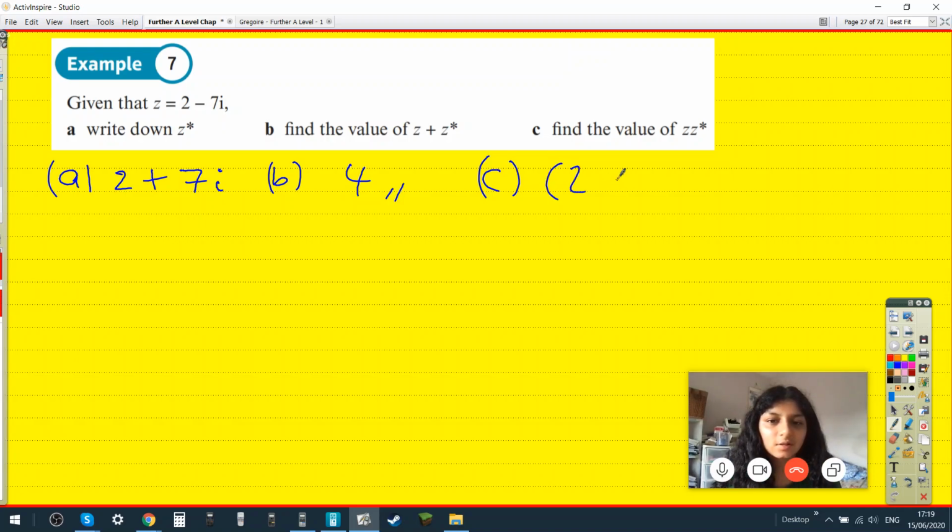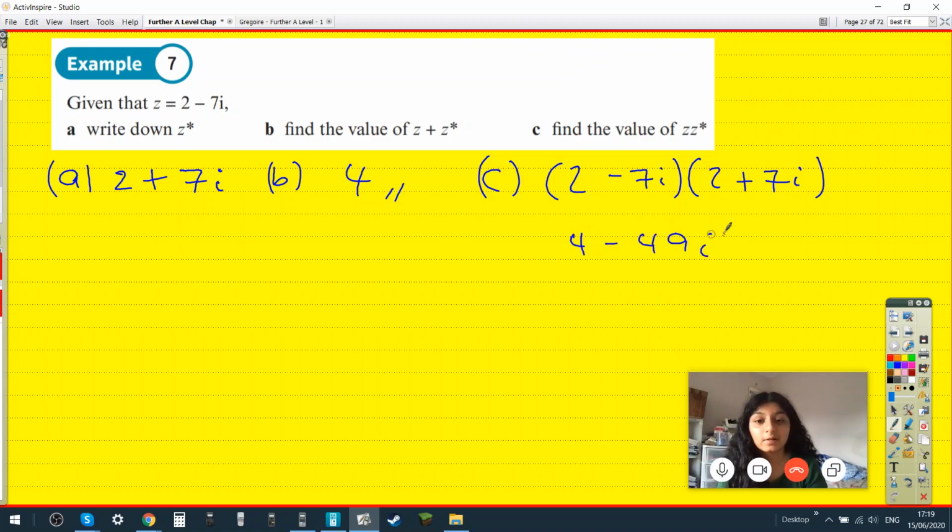So it's 4 minus 49i squared. Yep. Which is plus 49, I think. What is i squared? Oh, yeah, minus 1. So it's 4 plus 49, which is 53.